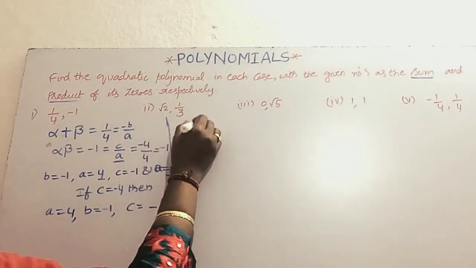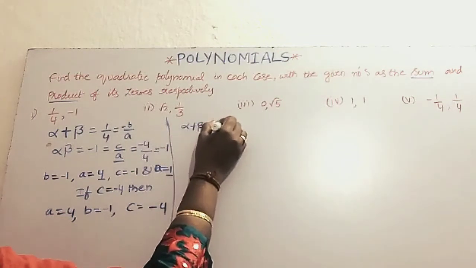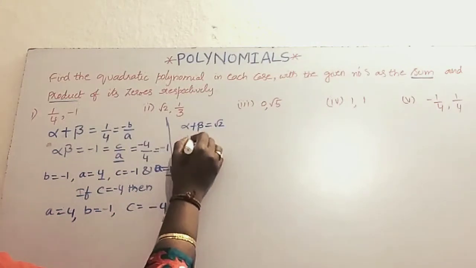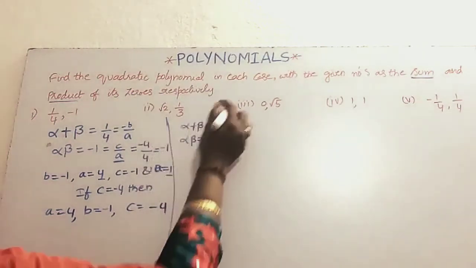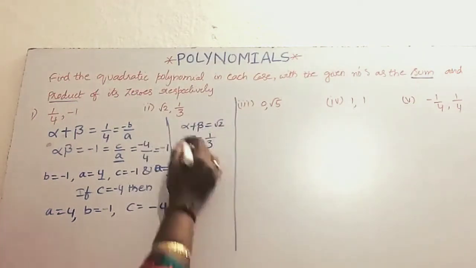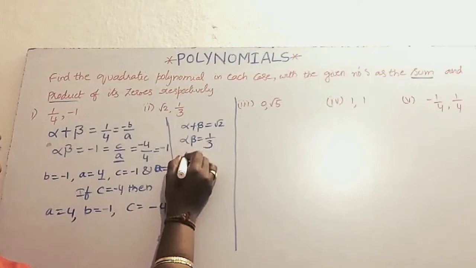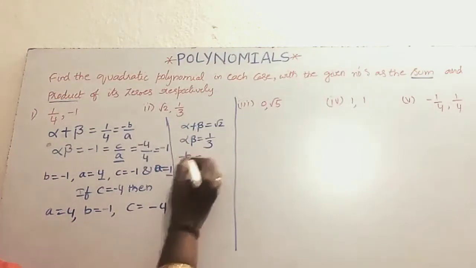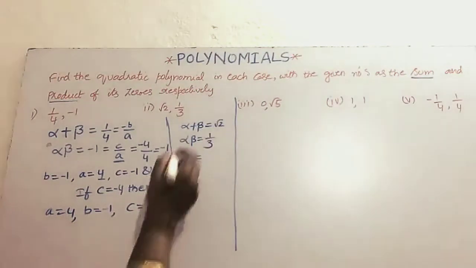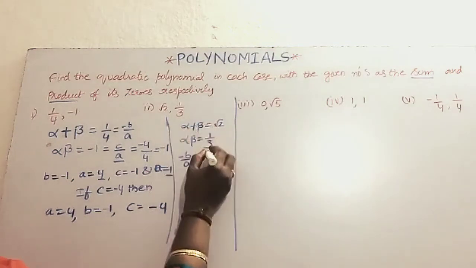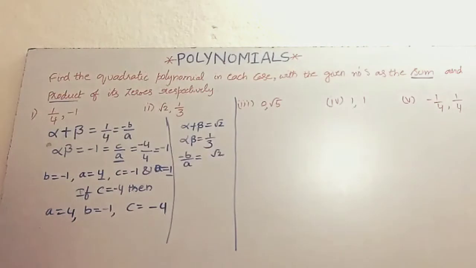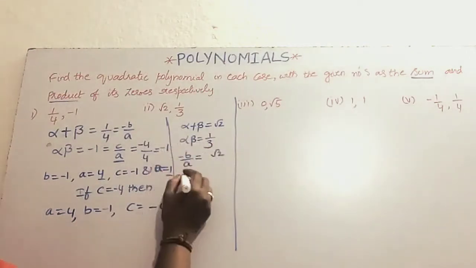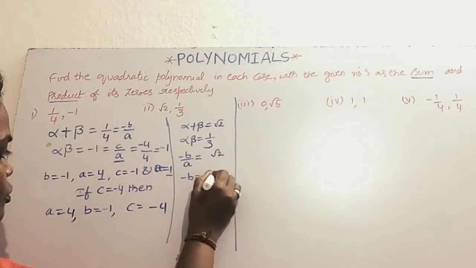So alpha plus beta is equal to root 2 and alpha beta equal to 1 by 3. So that means alpha plus beta is minus b by a, so root 2. That means minus b is equal to root 2 into a.